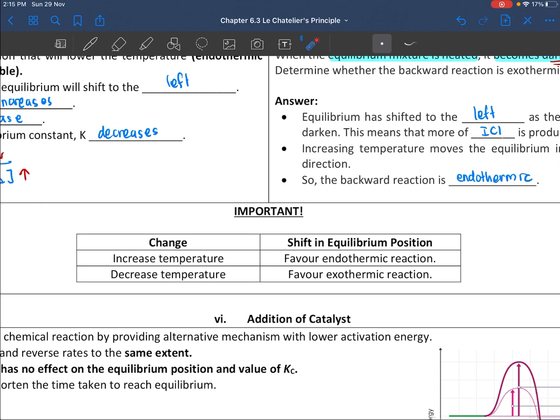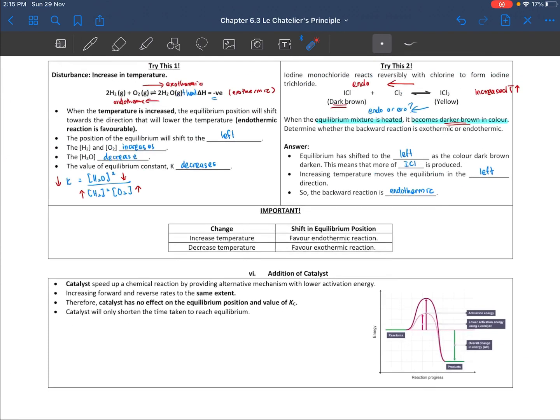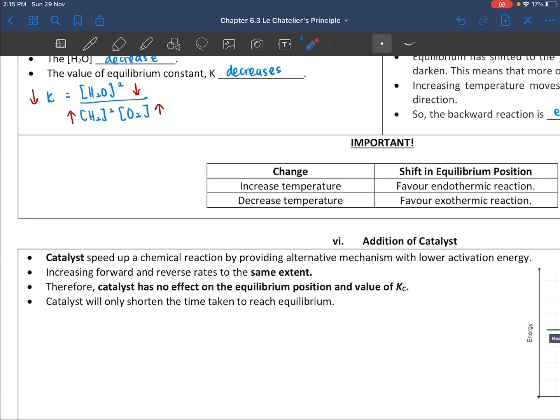Okay, and last one, kita nak belajar addition of catalyst. What happen bila kita add catalyst to the equilibrium? Okay, so first we need to understand what is the function of catalyst. Okay, so kalau SEM 2 nanti ada definition apa function catalyst. Okay, so kalau soalan minta function of catalyst, you have to give the full definition here. Jangan stop sampai sini je, tak boleh. Okay, catalyst speed up a chemical reaction. Macam mana? By providing alternative mechanism ataupun alternative pathway, jalan yang lain.